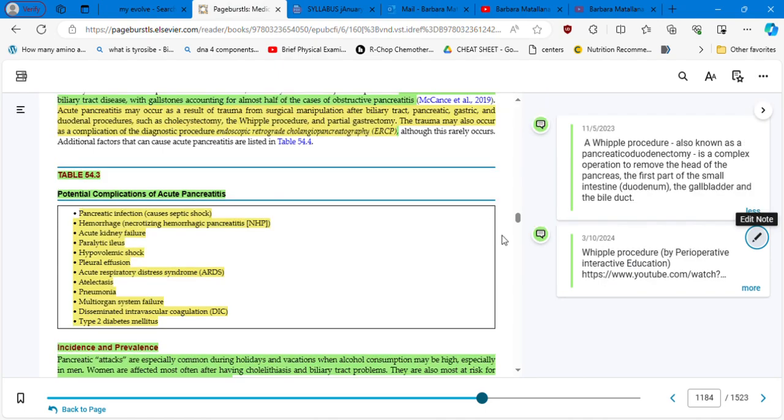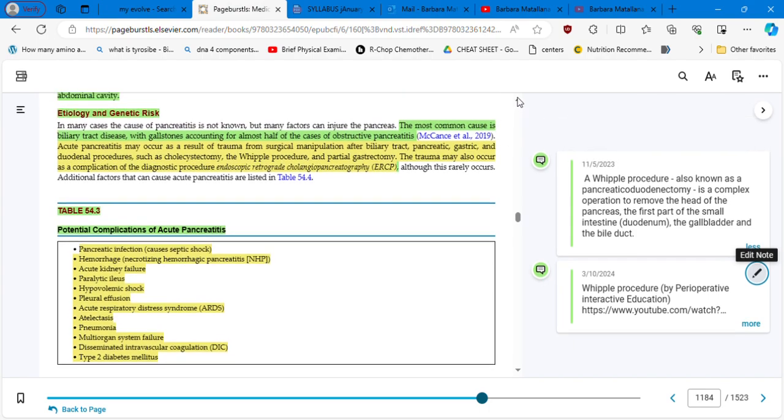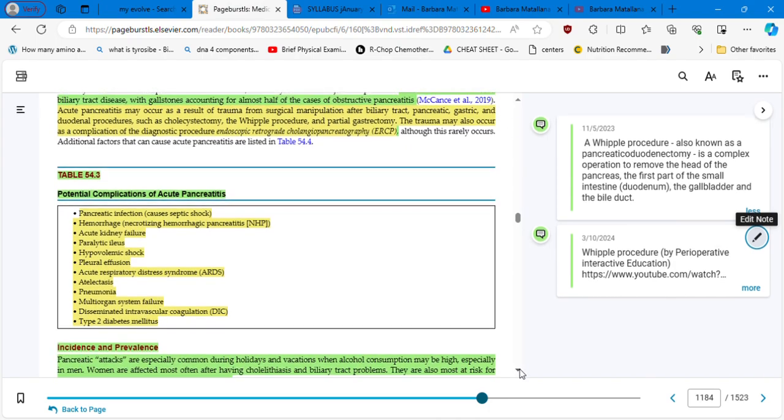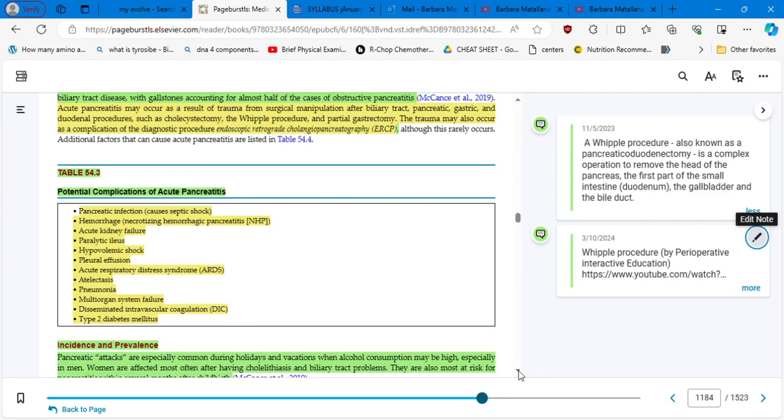So this acute pancreatitis, as you can see, has many causative agents that are not related sometimes to the pancreas itself, but are related to the manipulation that occurs when the patient is getting surgery or any treatment due to other conditions.